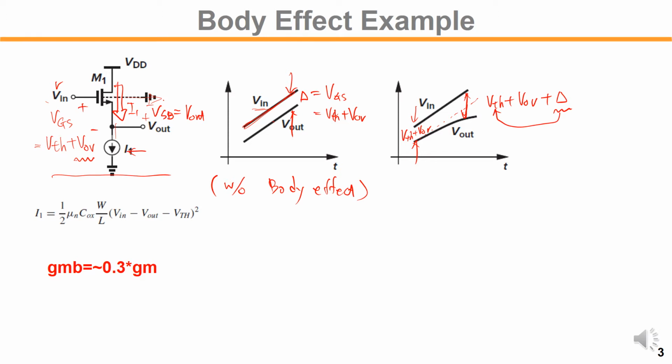So it might be more appropriate to write delta VTH prime. We have a higher VTH, so VTH changes, and the output doesn't follow the input properly. So we have some curvature in the output, which creates the non-linearity.